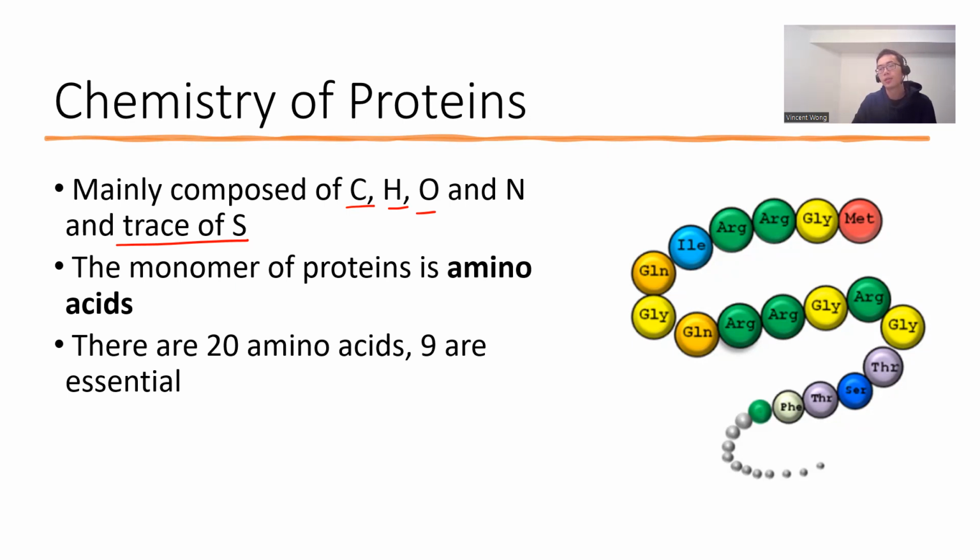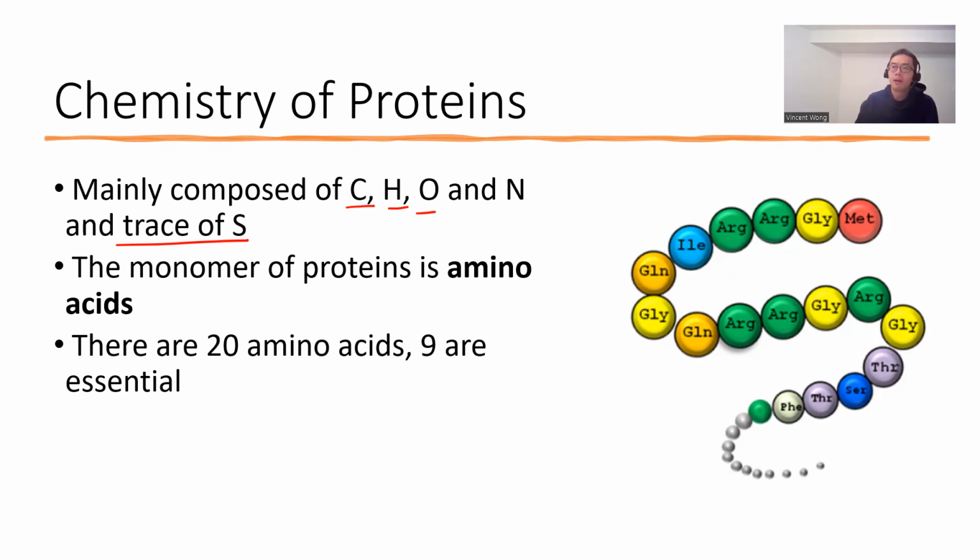Carbohydrate is just C, H and O. And when we talk about chitin, it also has nitrogen. Lipids are C, H and O, but when we talk about phospholipid, it also has the P, the phosphate, phosphorus. So when it comes to protein, we have the CHON and trace of sulfur. Again, trace just means a little bit of it.